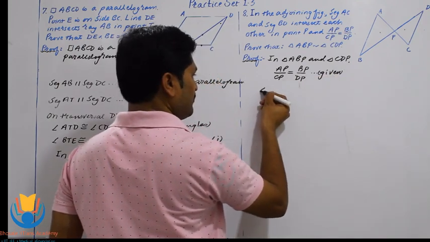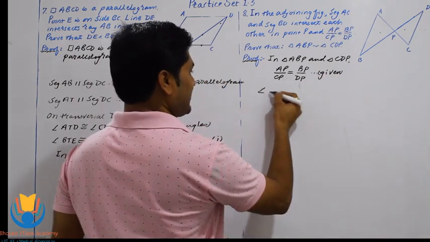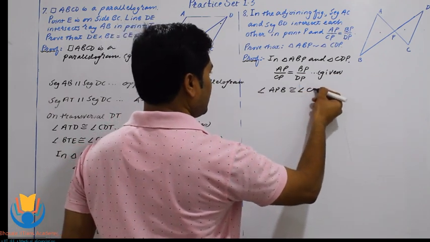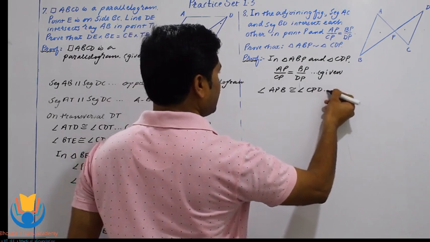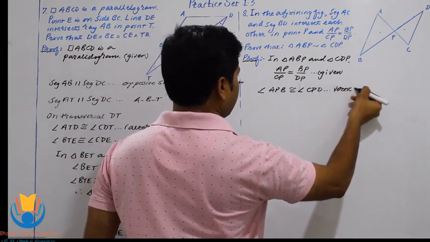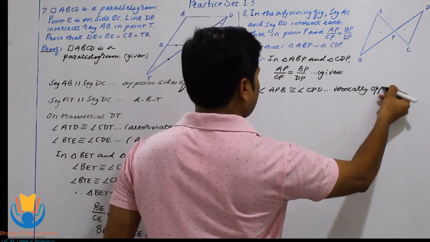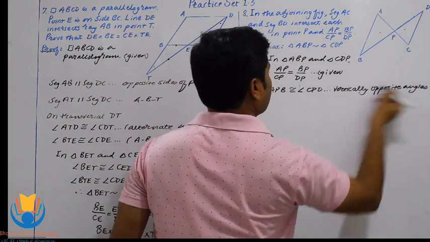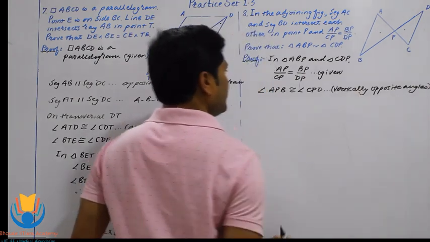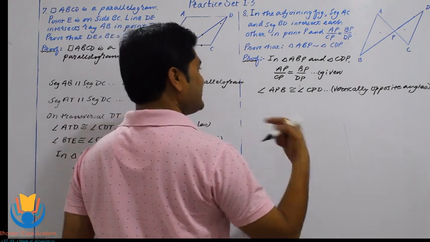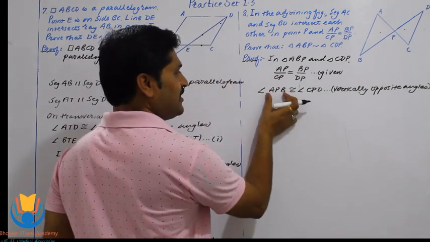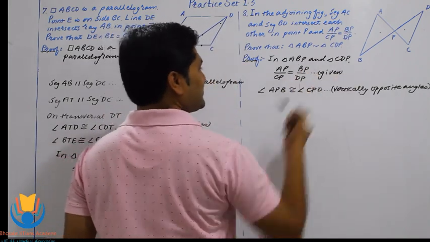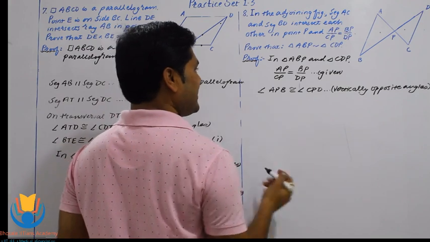And we will write one pair of opposite angles, that is angle APB is congruent to angle CPD. So these are vertically opposite angles in the diagram. So when two sides of the two triangles are in proportion, and the angles including them are congruent, then those two triangles are always similar by side angle side test.